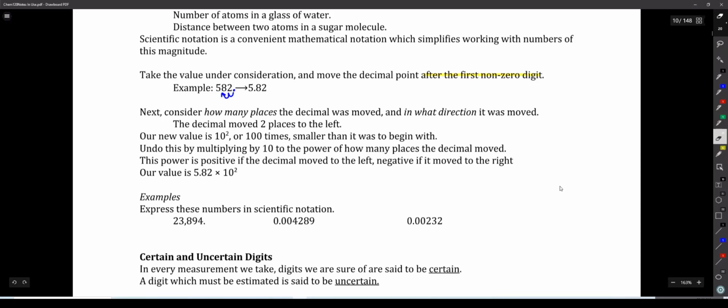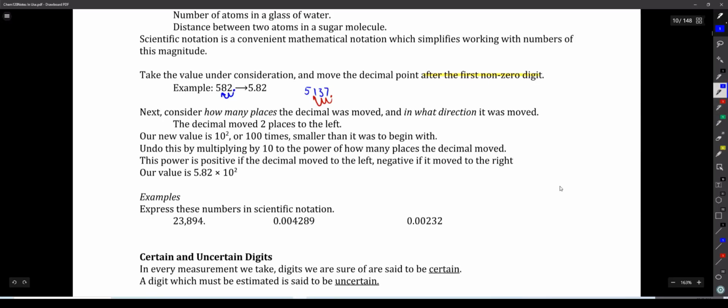Let me do another one. Let's say we had 5,137. We know the decimal is hiding here. So I would have to move the decimal 1, 2, 3 places to the left.